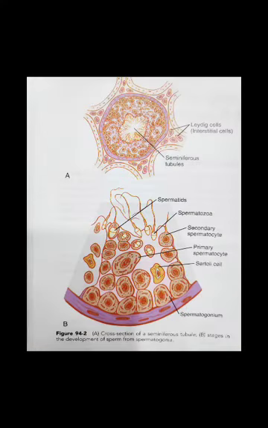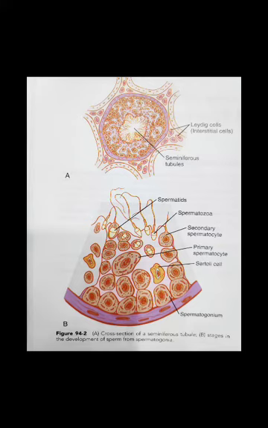If you observe this diagram, figure A, it shows the cross section of seminiferous tubule. Basically, as I told you, testis contains a lot of coiled structures called seminiferous tubules. This is the place where sperms form. Sperms are the male gametes, as you might already know. So in the seminiferous tubules are formed the sperms, or spermatozoa.